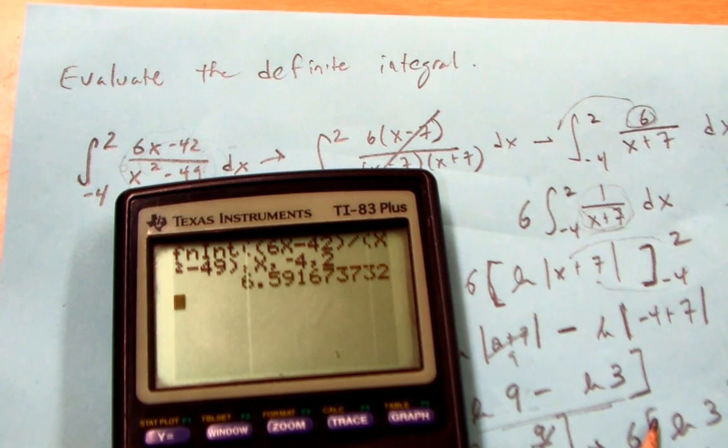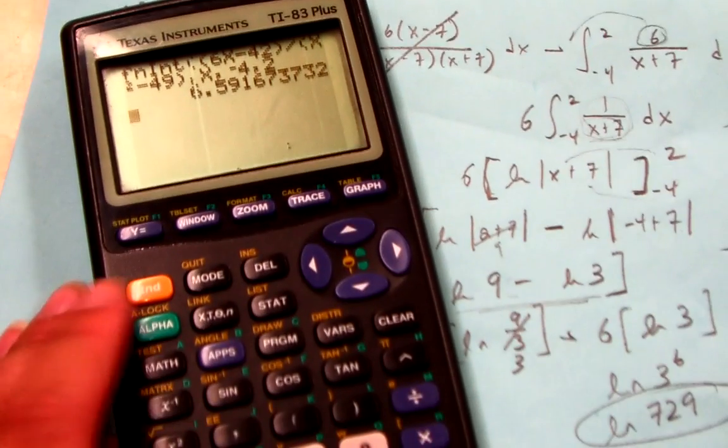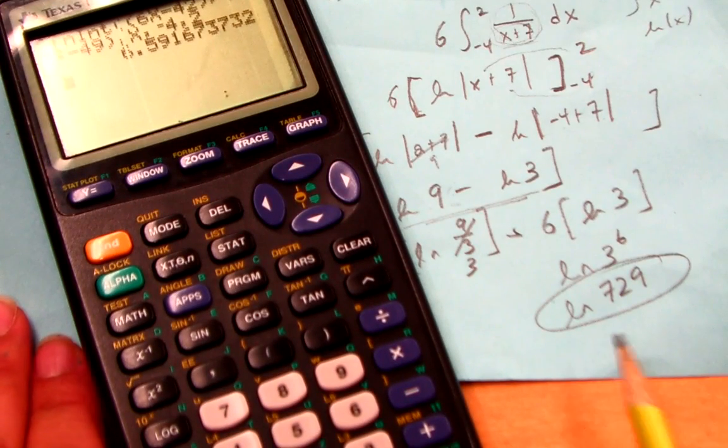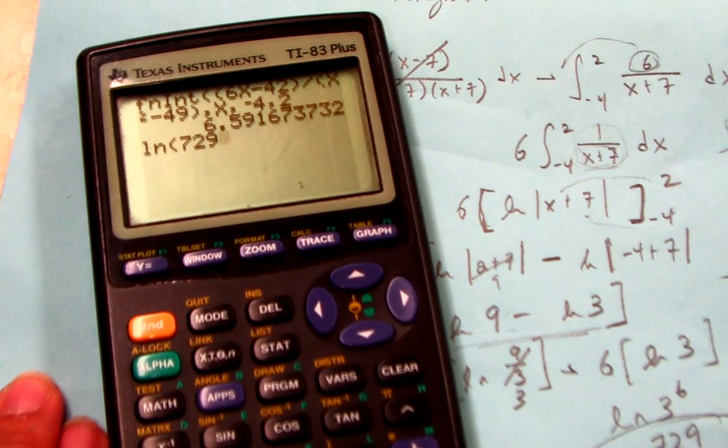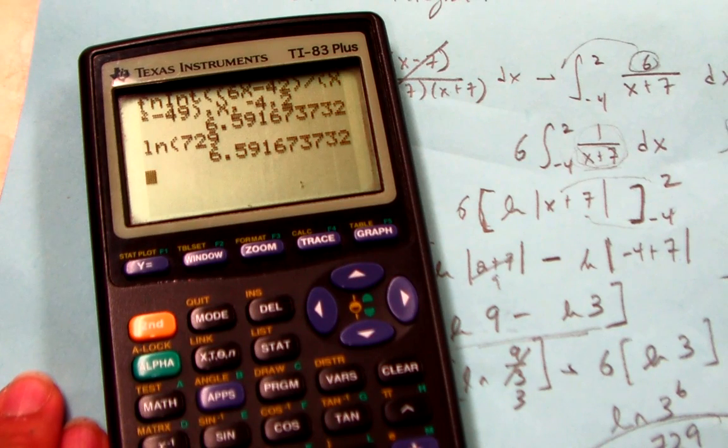Give it a moment to think, and I get that unusual number. Well, I posit that ln of 729 is that number. Well, let's find out. Is it the same? Well, hey, it's the same number.